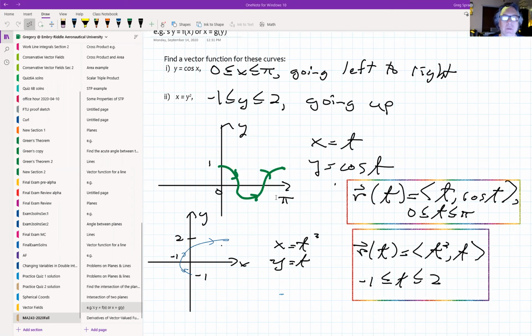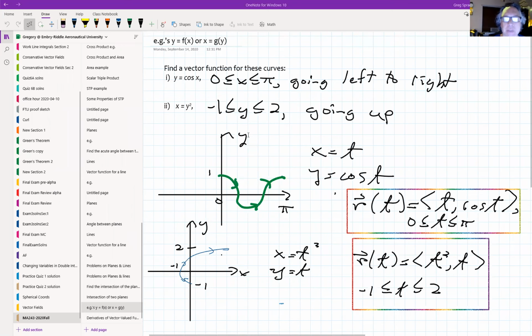of curves of the form y equals f of x or x equals g of y, where x or y goes over a bounded closed interval. So first, let's take the curve y equals cosine x.